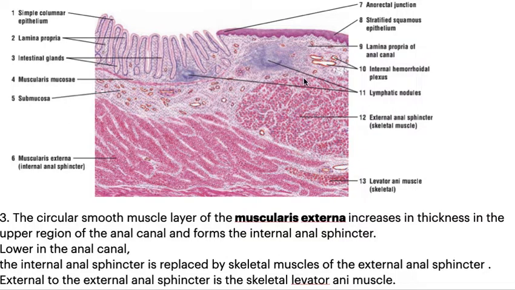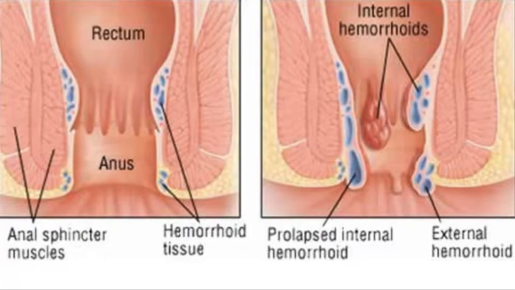This becomes the external anal sphincter, and external to this is the skeletal levator ani muscle. So here we have the anal sphincters and the hemorrhoid tissue. We can see the prolapsed internal hemorrhoids, and these are nothing but prolapsed veins.